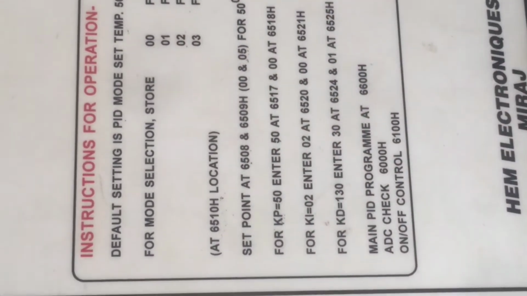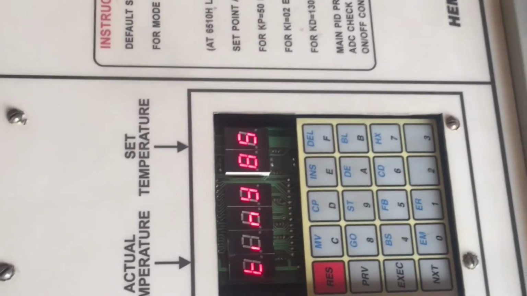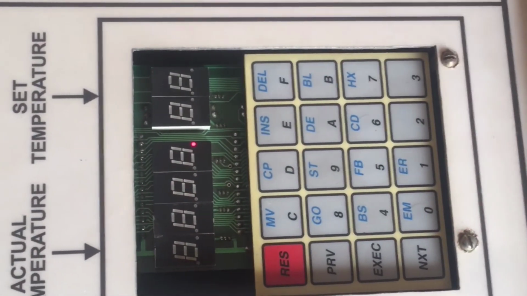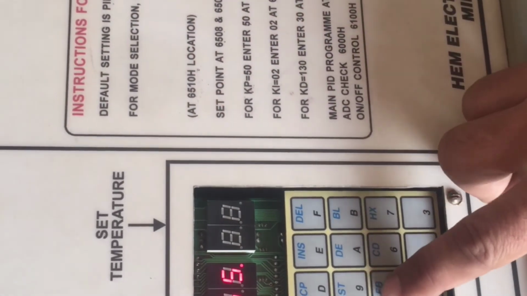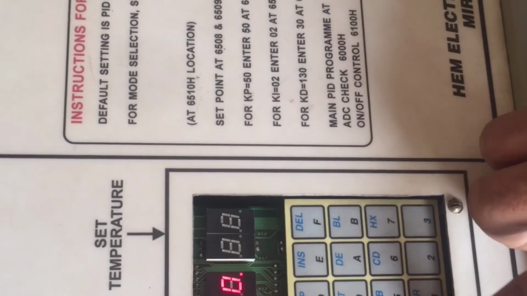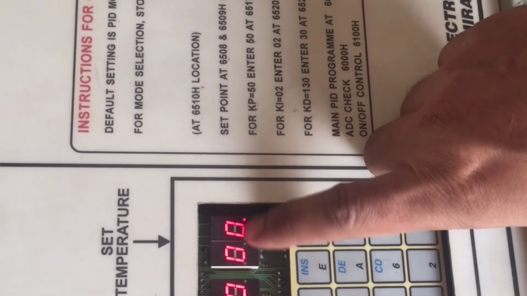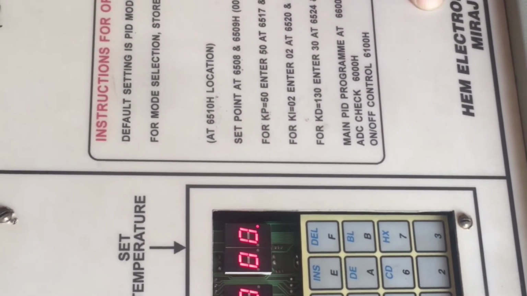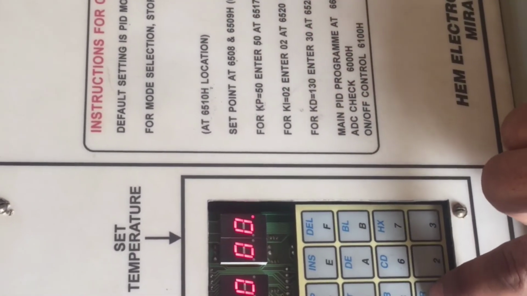So let's understand how to choose these modes of control action. Again I am pressing, as usual, the EM key, examine memory. The memory location I have to go to is 6510. So I'll press 6510 and say next. If we see the display now, the default value is 00, meaning PID mode. Now if I wish to have P mode, I will press 1.